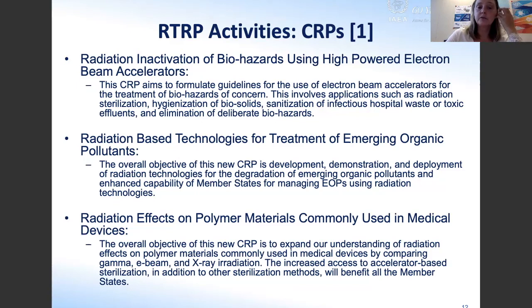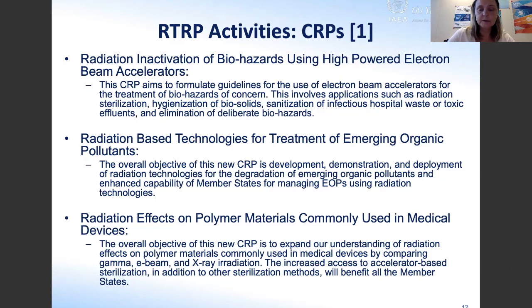The overall objective of this project is to better understand radiation effects on polymer materials by comparing gamma, E-beam, and X-ray radiation. And the call for proposals is still open, and I encourage everyone to read the CRP and to see if your group is eligible for that.